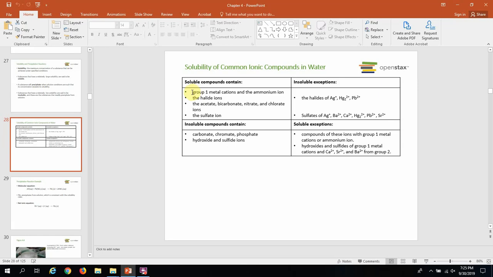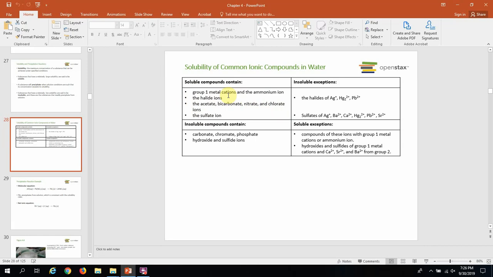And in fact, those are always soluble, very soluble. Also, acetate, bicarbonate, nitrate, and chlorate anions. Any compound that contains those as an anion is always soluble by this rule.